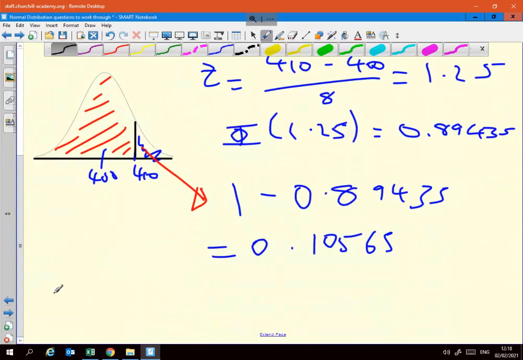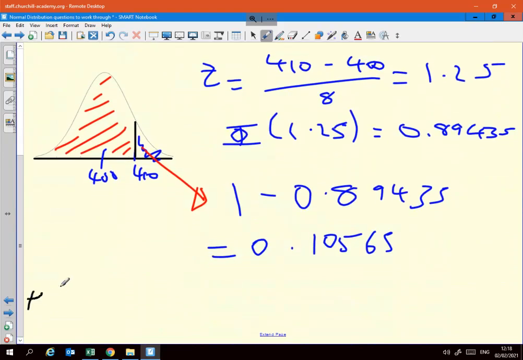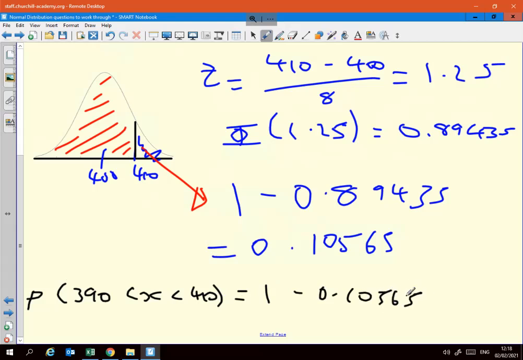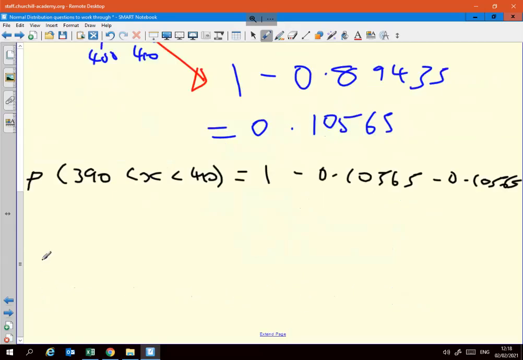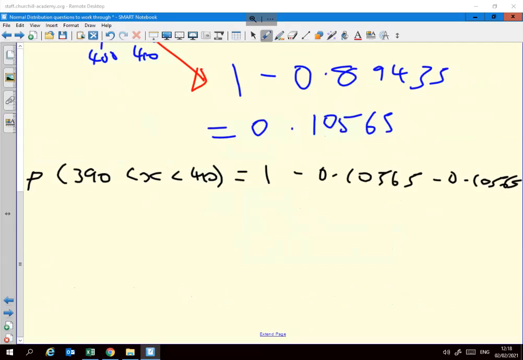And so finally, I can actually do the last step. The bit that I really want, the green bit, the probability that x is between 390 and 410 is 1 minus 0.10565, taking off the left-hand end, but also taking off the right-hand end as well. And I think I want a calculator for that, super quick. Won't take long.